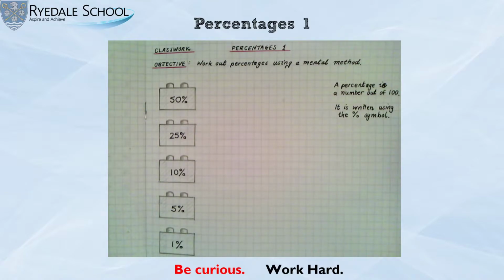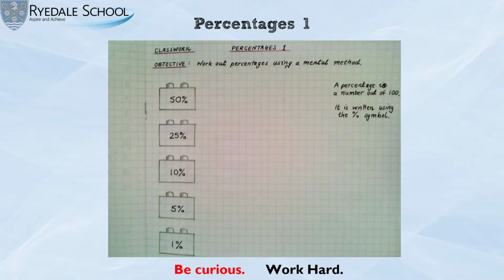There are some very important percentages that if you know how to work those out, you can then use these rules to find more complicated percentages. And the rules that we're going to look at today and build upon are rules for 50%, 25%, 10%, 5%, and the rule for 1%.